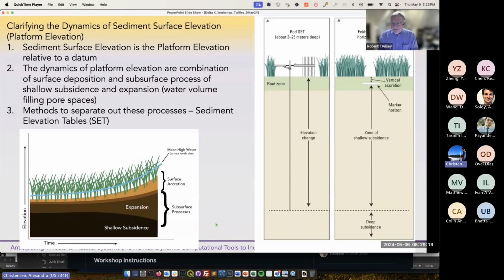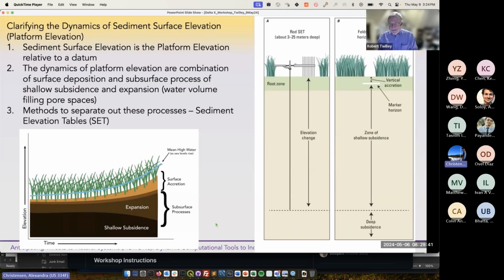Now, I want to make sure our terminology here, it can get really confusing, and I'm going to try to be as clear as I can on this of what we're actually modeling. We're modeling the top 100 years of soil formation. And that's that surface accretion, if you will, that elevation that the soil is building over that time frame.